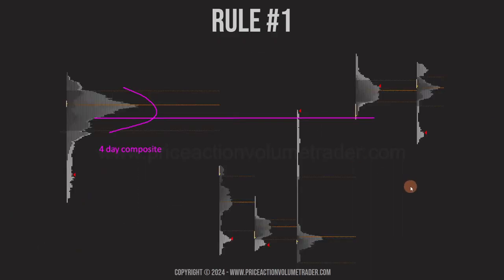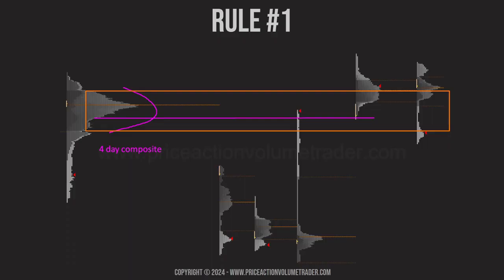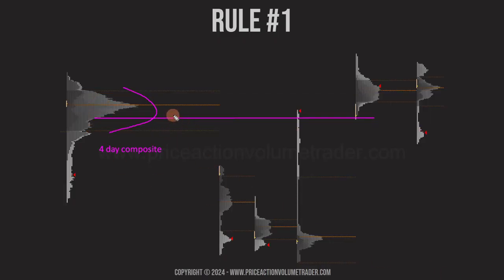Okay, here's another example. This is a 4-day composite. So again, you can make an extension of this. In this case, the valley area would be here, but you can also see that there's a very clear edge right in the middle of this, and that's why I put this extension from this edge.